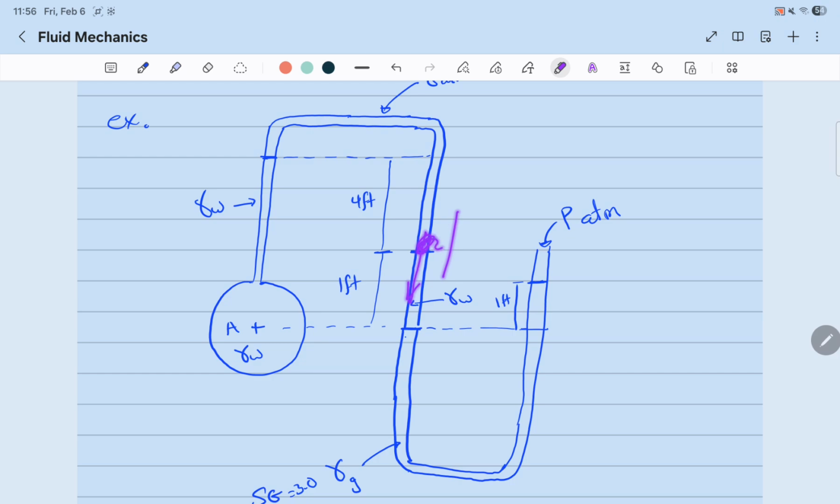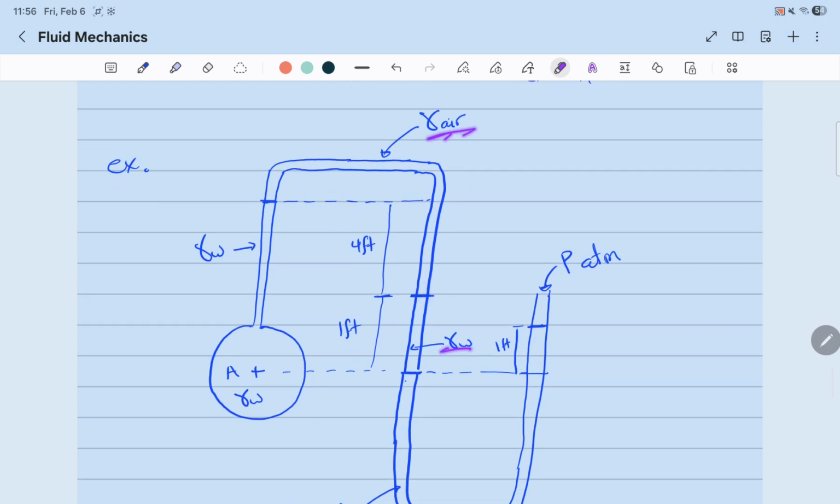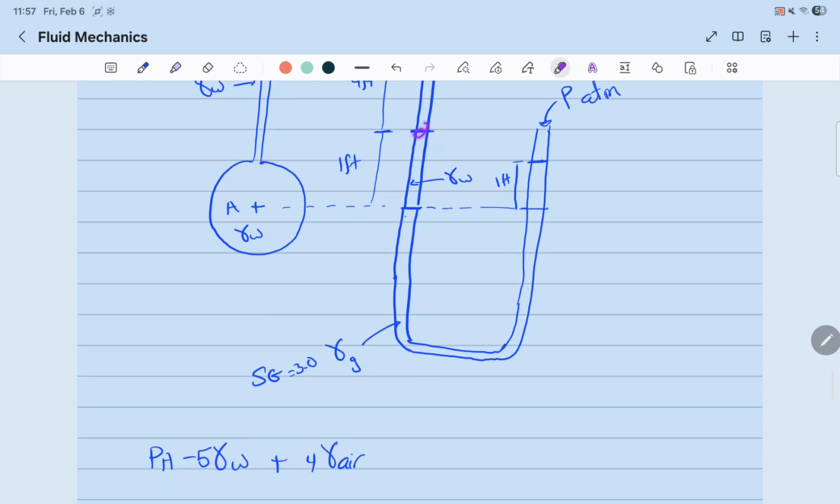Either the air will push the water down, which is unlikely because air is a lighter fluid, or water will push it upwards if the pressure was not equal. That's why they're at equilibrium. So we'll start from this point and go down until the fluid changes.